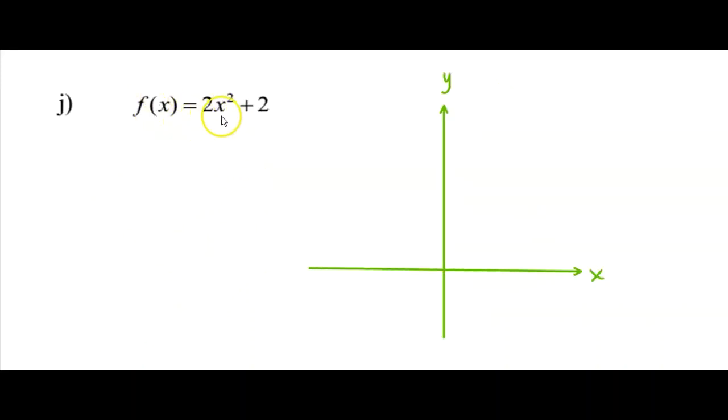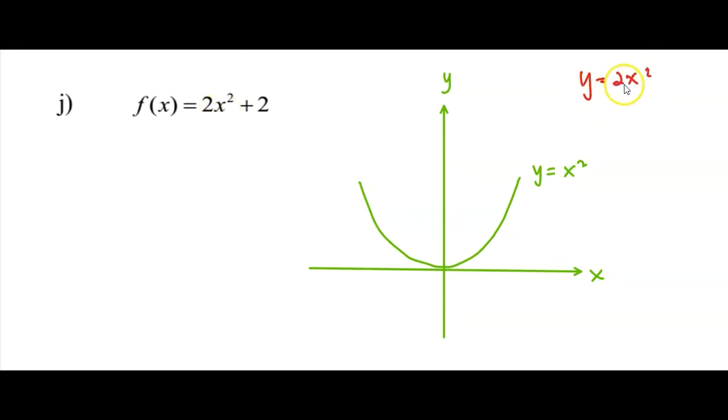For this function, 2x squared plus 2, there is no restriction on the domain, so the domain still will be negative infinity to positive infinity. To sketch this graph, I'm going to use the transformation approach. First, I start from y equals to x squared, this parabola shape, and then followed by y equals to 2x squared.